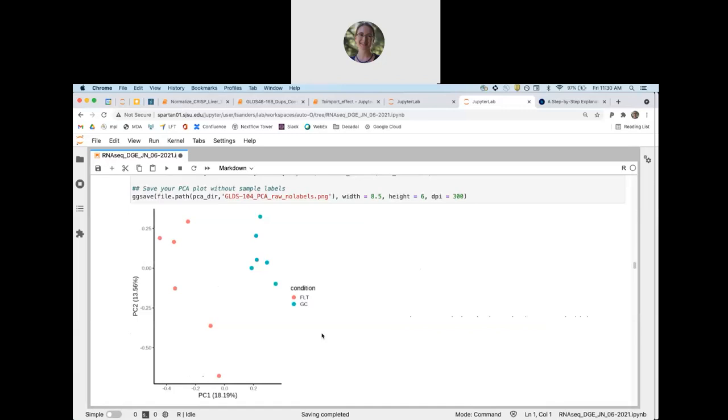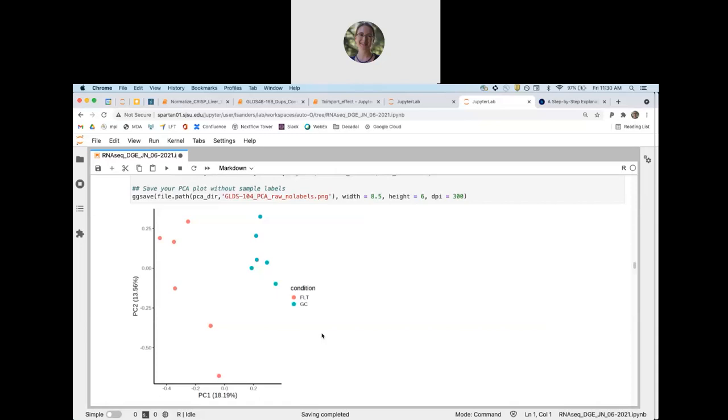Eowyn says flight has more of a spread. That's absolutely true. James says the most variation is between the two conditions. Right. So imagine that you ran this experiment. The reason that you ran this experiment is because you were asking what is the difference between mice that were flown on the ISS and mice that were kept on the ground.